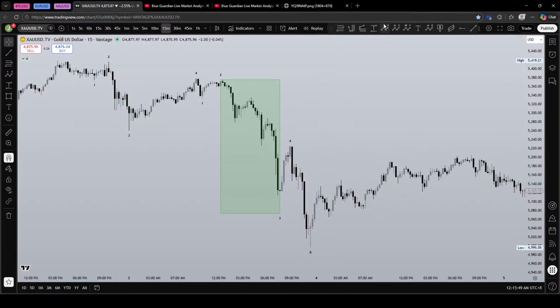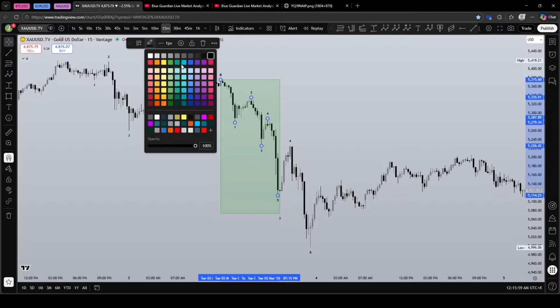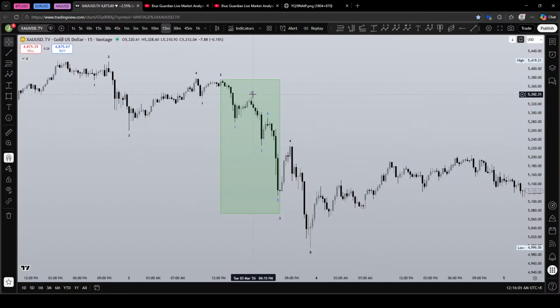Again, what are the possible wave counts of the internal waves of this third wave? Allow me to use blue. The first cardinal rule for the internal waves of this wave 3 states that wave 2 must not go beyond the territory of the origin. Okay, we have satisfied that rule. Second rule, wave 3 must not be the shortest. By simply looking at it, it seems that wave 3 is the possible shortest.